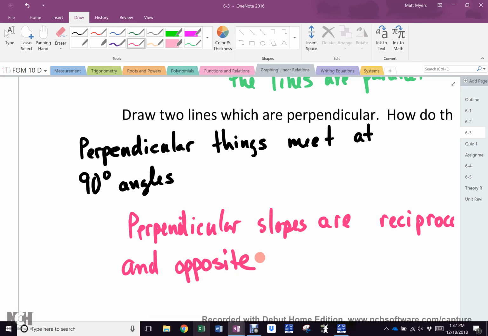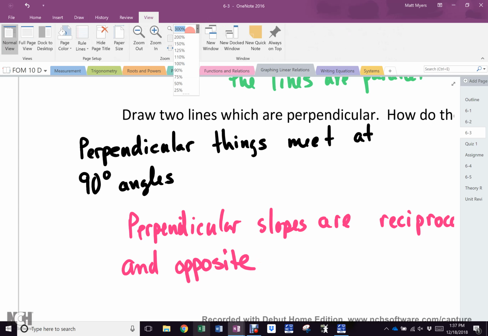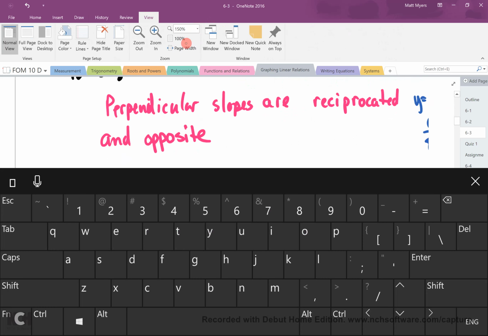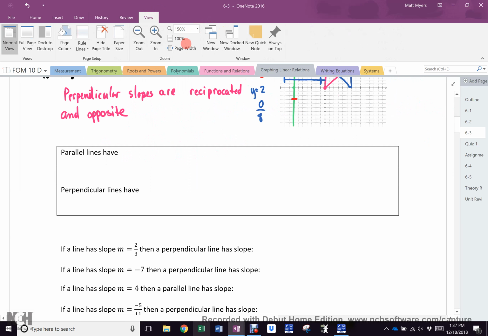If slope is 0, what's its perpendicular? Where's 0? Flat or up and down? Flat. So it's perpendicular straight up and down. What slope is straight up and down? 1 over 0. Does that exist? No. Undefined.